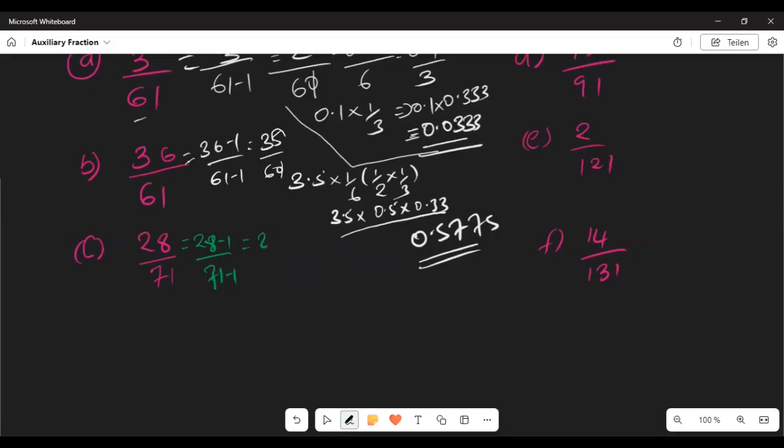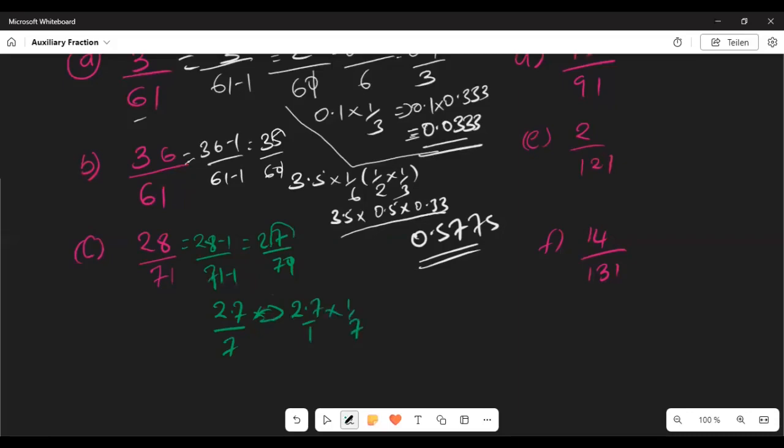This gives us 27 over 70. This 0 changes the decimal place so that we have 2.7 over 7. We can write this as 2.7 over 1 multiplied by 1 over 7.